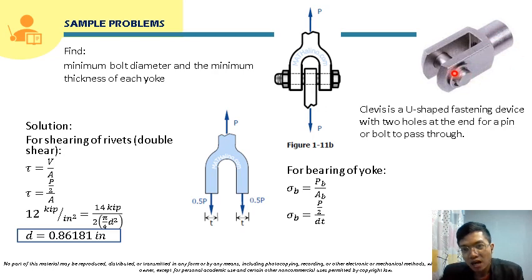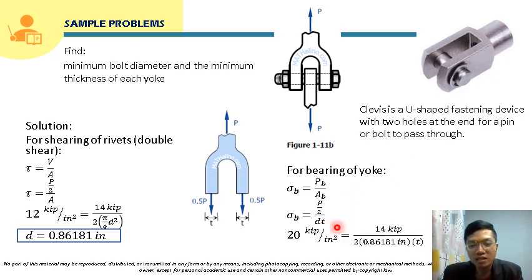So there will be a contact pressure between the bolt and this yoke. The projected area will be the diameter of the bolt times the thickness of the yoke, so that will be D times T.